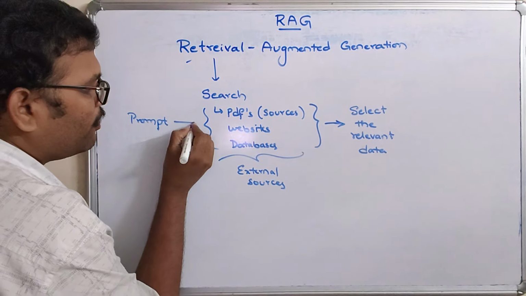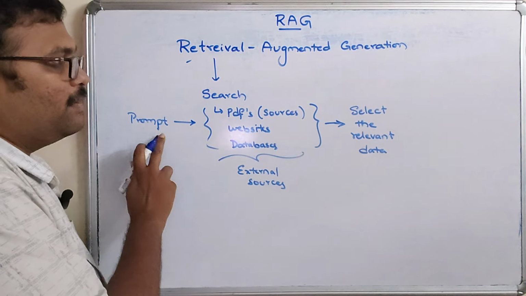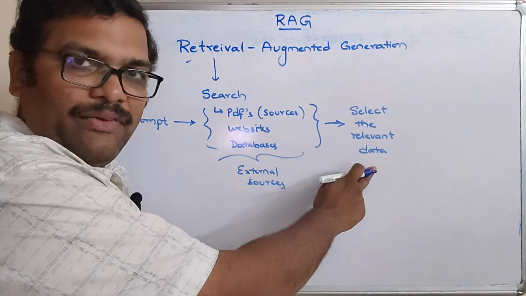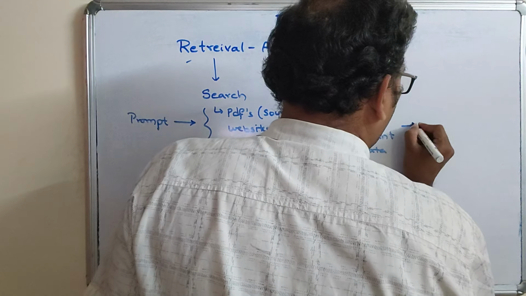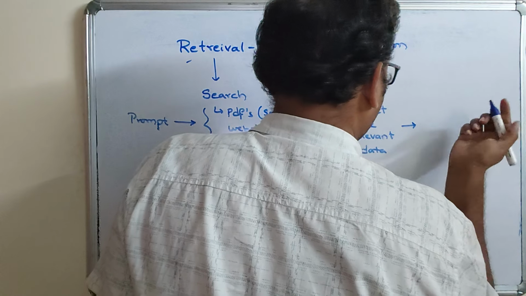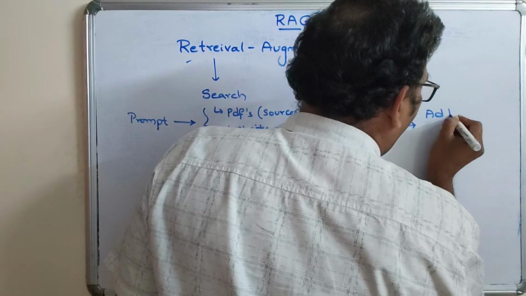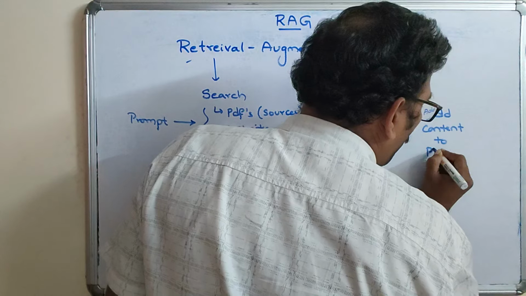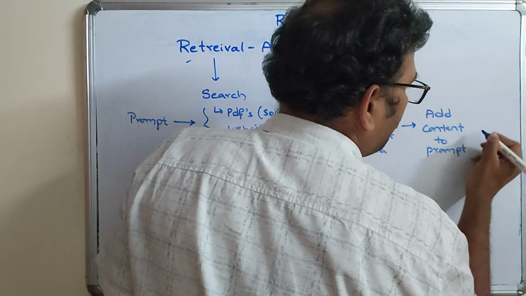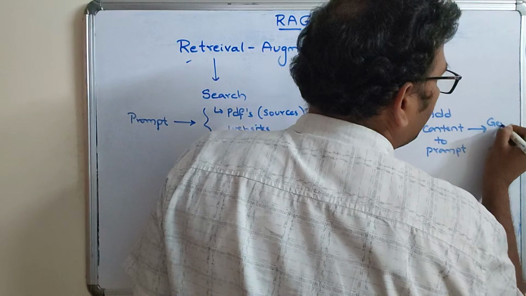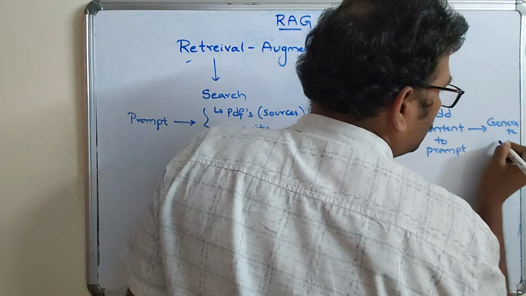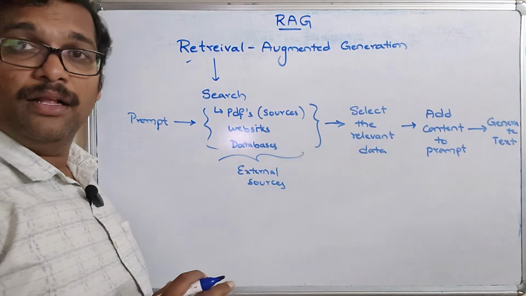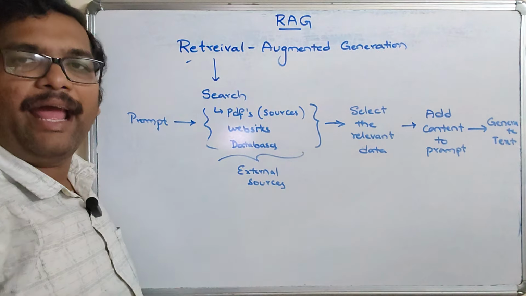If the user gives the prompt, first it will search from the external sources, next it selects the relevant data, then it will add content to the prompt, and finally it will generate the text. So these are the steps done by the model with RAG.